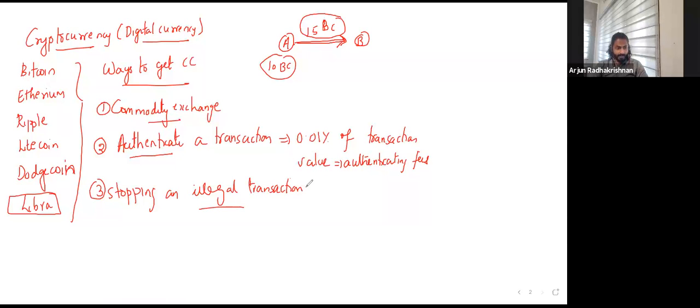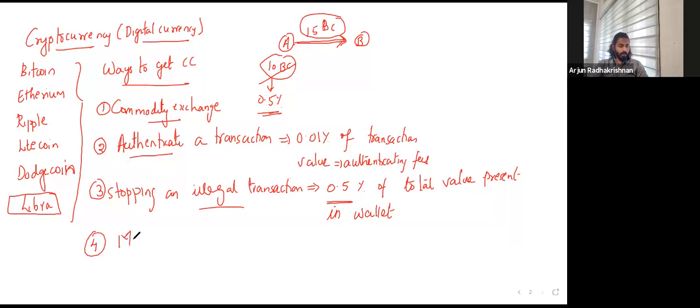So if you stop an illegal transaction, you will get 0.5% of the total value present in his wallet. That will be given to you.